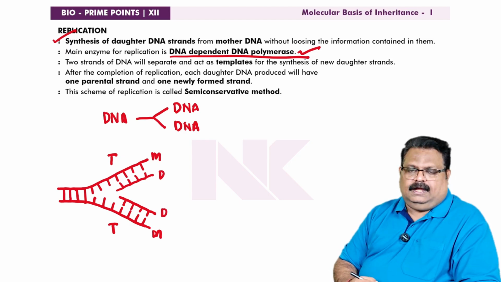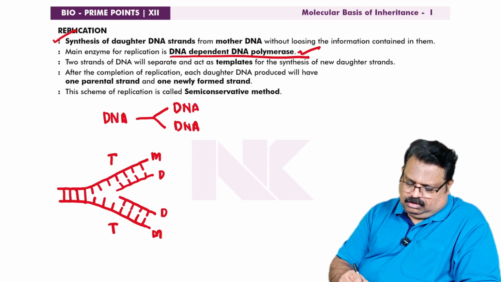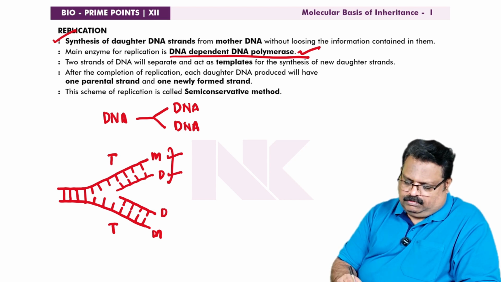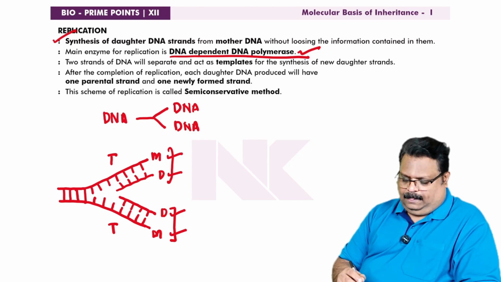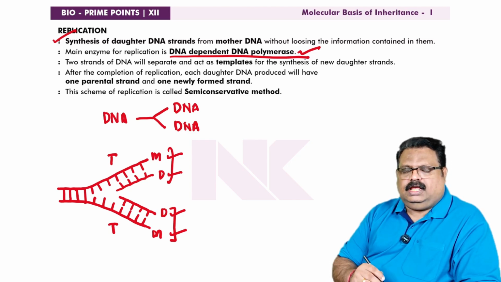So in the daughter DNA, you can see that this is a daughter DNA. In the daughter DNA, out of the two strands, one will be taken from the mother and only one will be newly synthesized. The second daughter DNA also, one will be taken as such from the mother and the other will be newly synthesized. That means in each daughter DNA, one strand is mother's DNA and the other strand is newly synthesized.